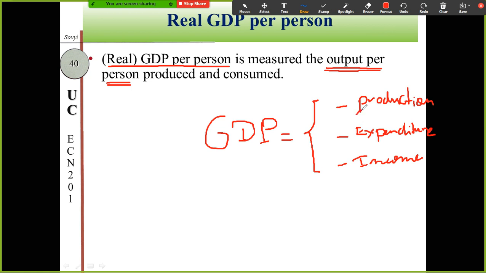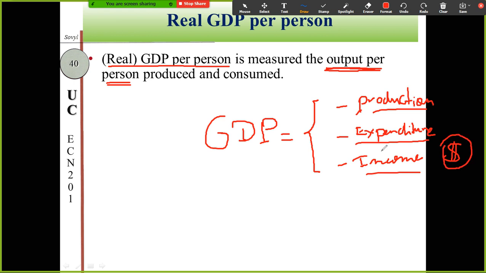Okay, when we're talking about production, this is the activity of producing goods and services. That's why when we act of production, we will get output. That's why it should be production per person. This is output. But when we're talking about expenditure or income, this refers to a currency amount.